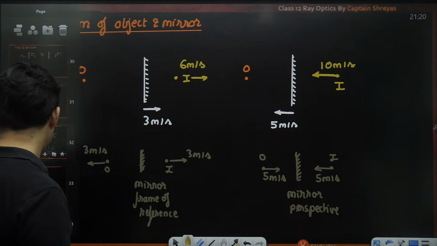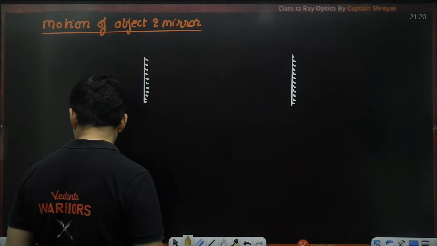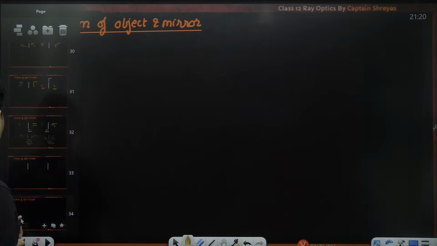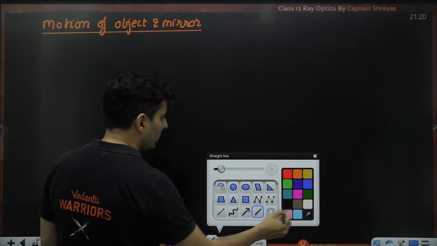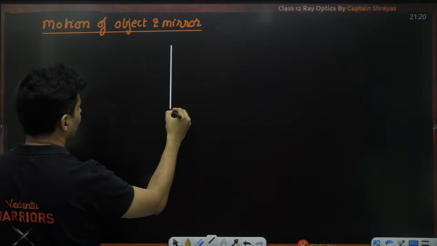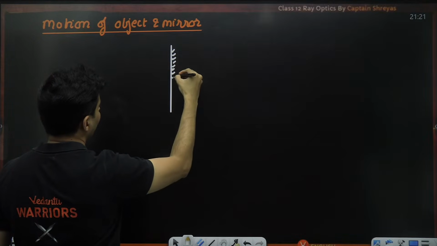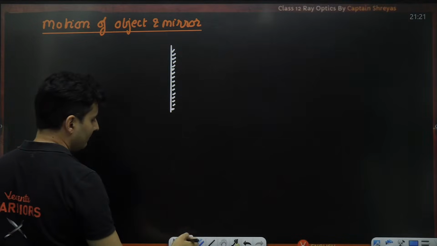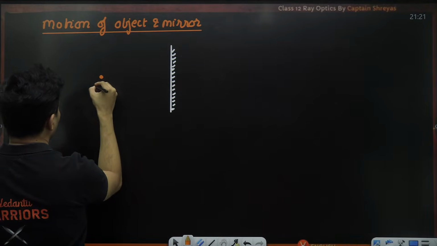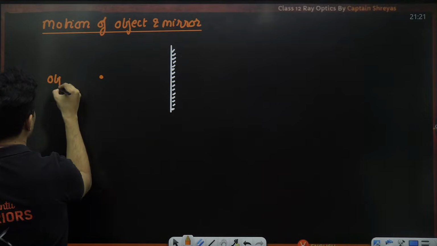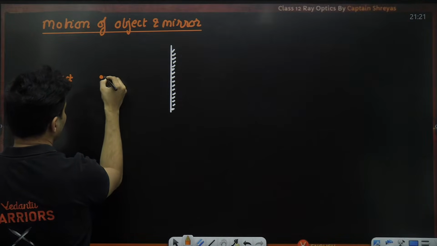So from this, can we make a generic rule or something like that? The answer is yes. And then we can solve any kind of question given to me. And the rule is as follows. If you have a mirror like this, then the object can have two kinds of velocities.